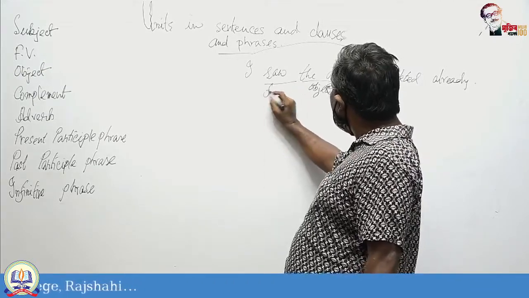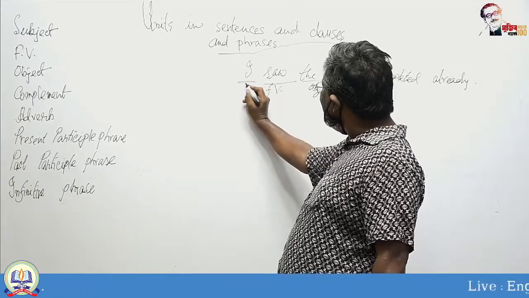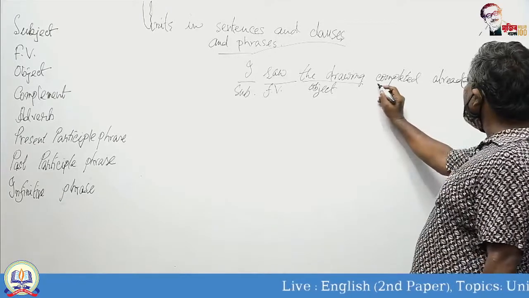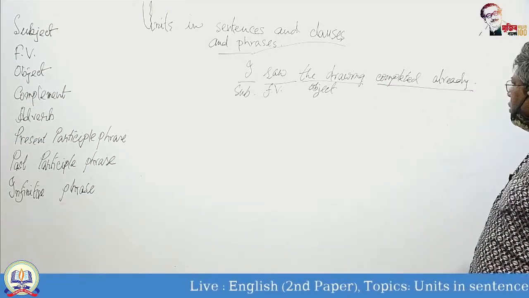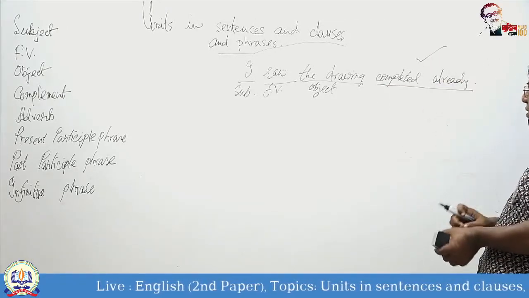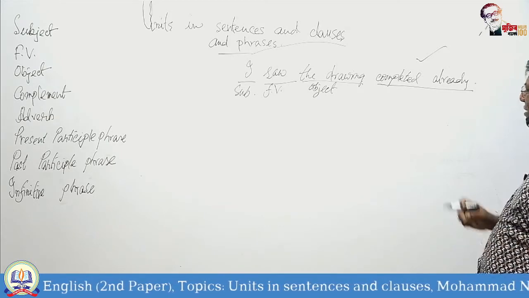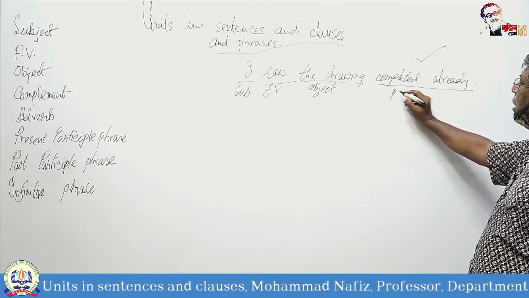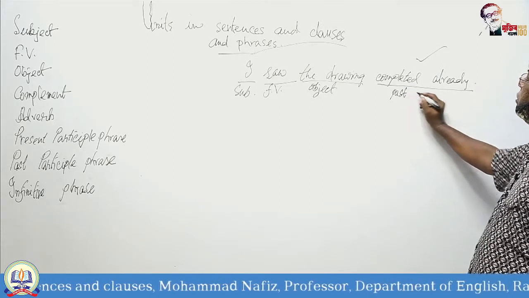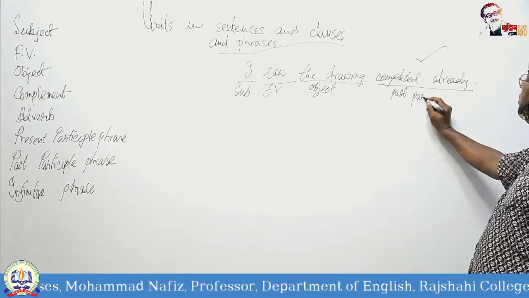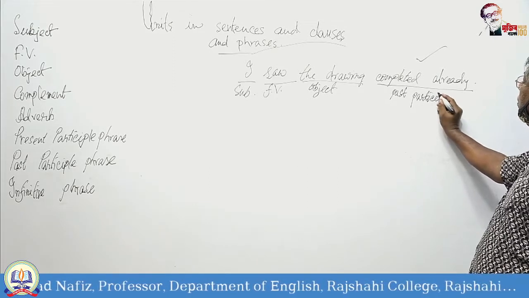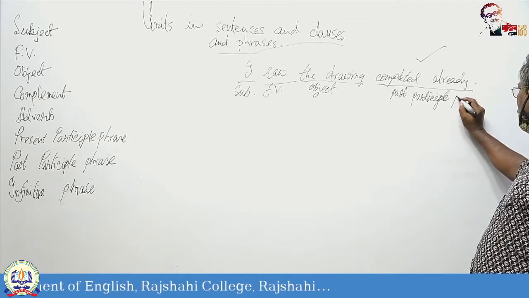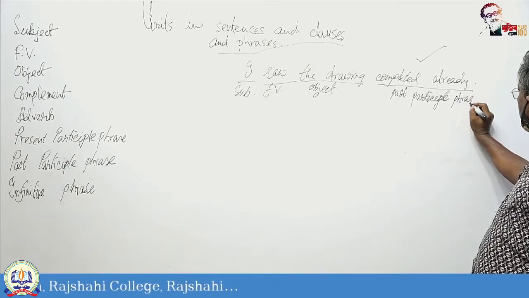Saw is the finite verb, I is the subject, and completed already, presented in this form, is indicating that it is a past participle phrase.